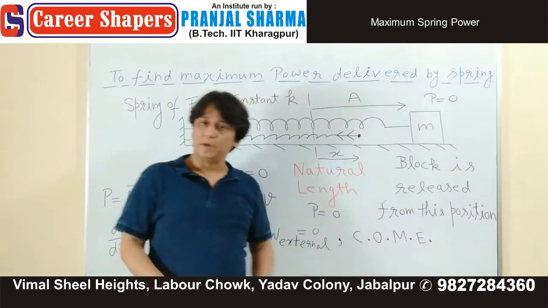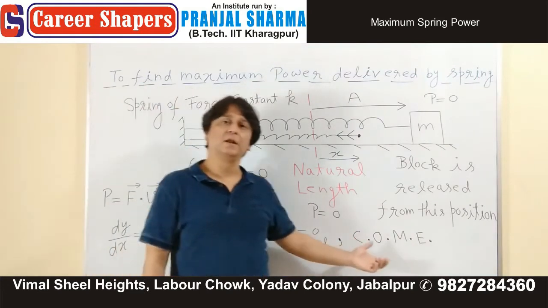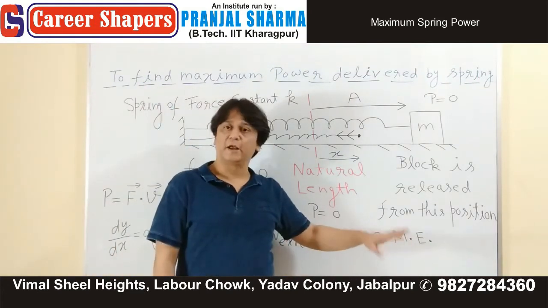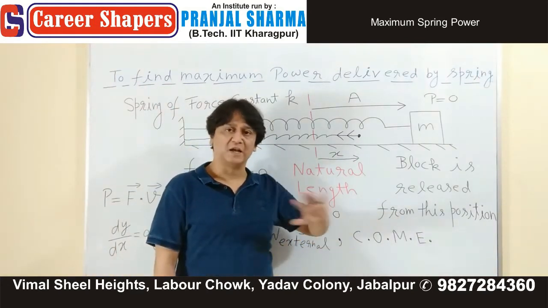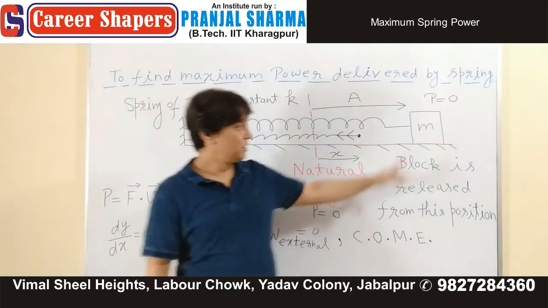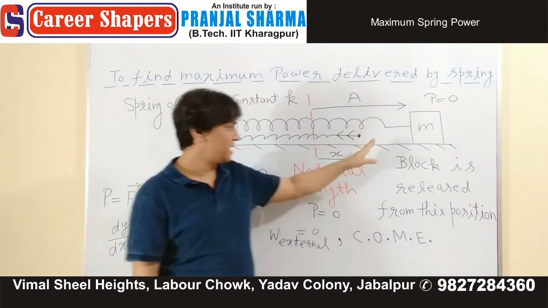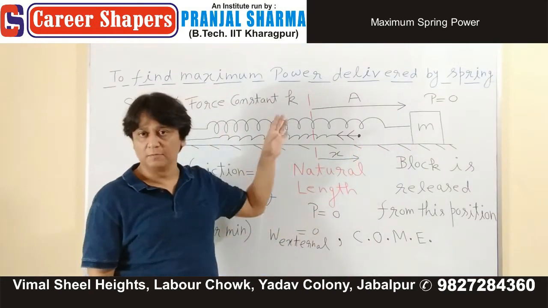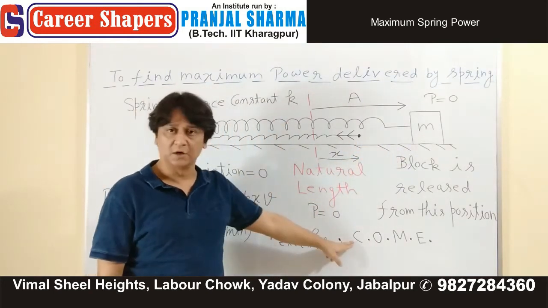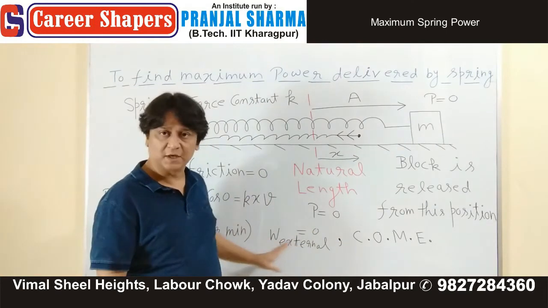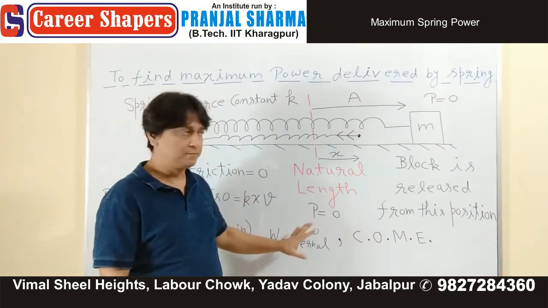What is COME? Conservation of mechanical energy. The sum of kinetic and potential energy will remain conserved everywhere. The sum of K and P at this point, at this point, at any point, that sum will remain conserved, because there is no external energy coming.